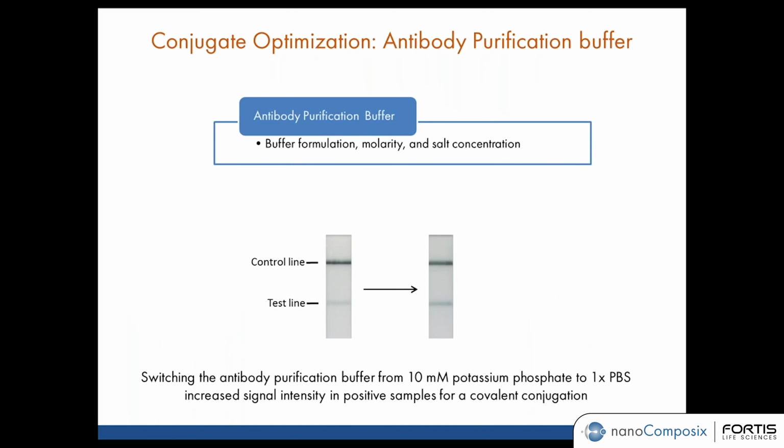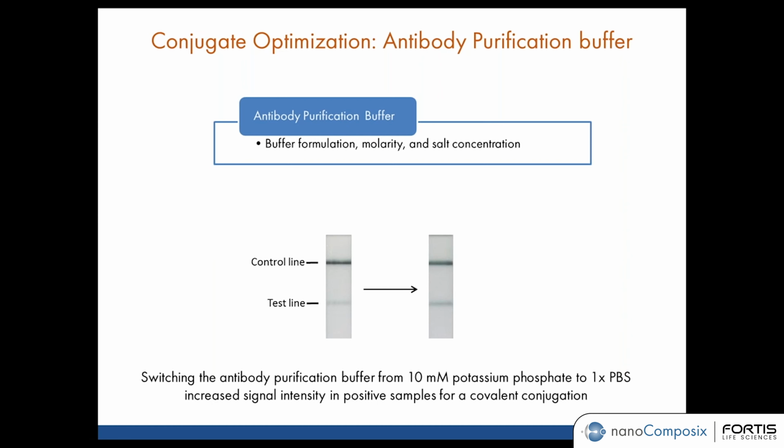This slide shows two strips run with positive samples where we expect to see a signal at the test line. The strip on the left resulted in acceptable results. However, switching the antibody purification buffer from 10 millimolar phosphate to 1x PBS resulted in a stronger signal intensity at the test line.